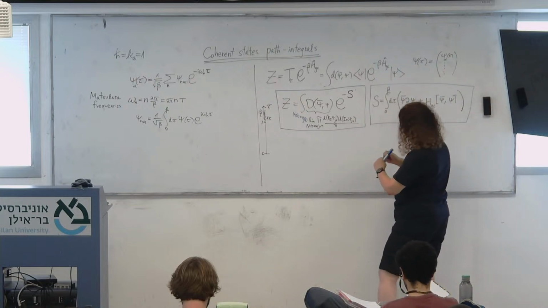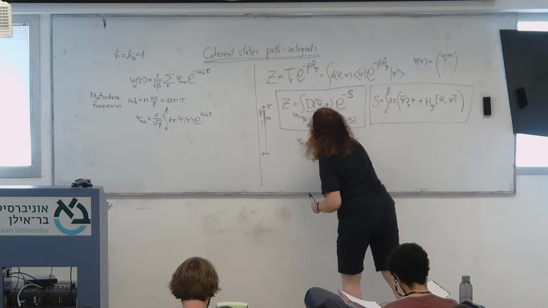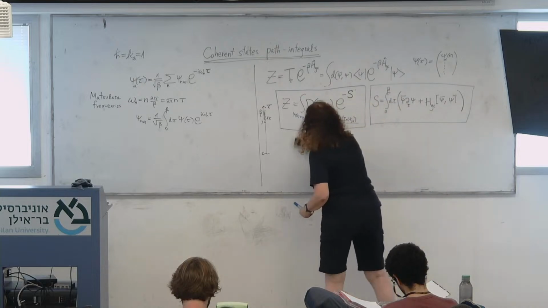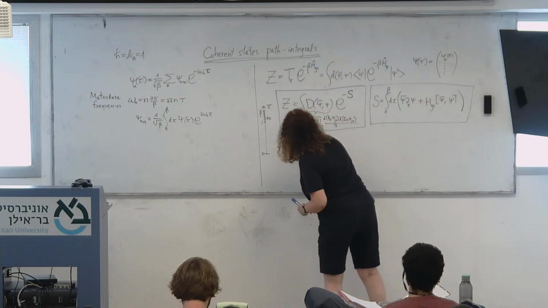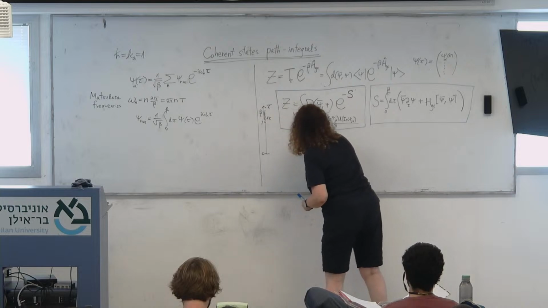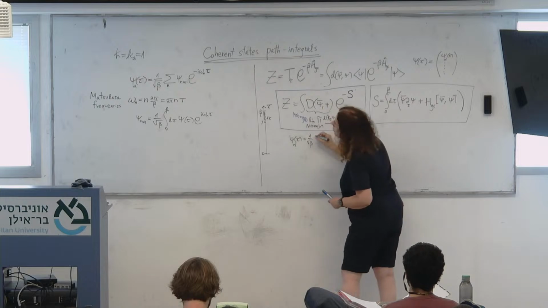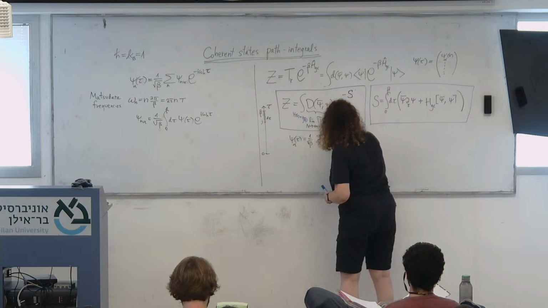And let me write down, just repeating the definitions, psi of tau equals a sum over n of psi n e to the minus i omega n tau.